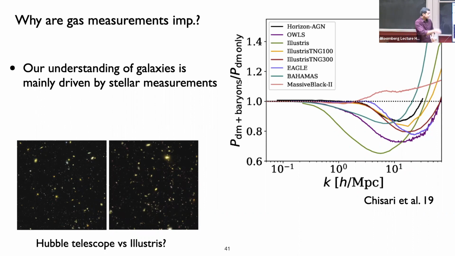But you can see that these multiple hydrodynamic simulations all fit galaxies to a good extent, but they vary a lot as you go to small scales. So you can see different realizations of these simulations.